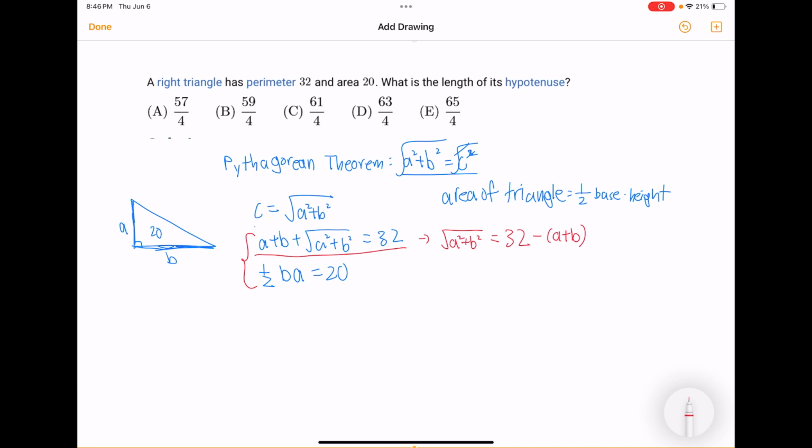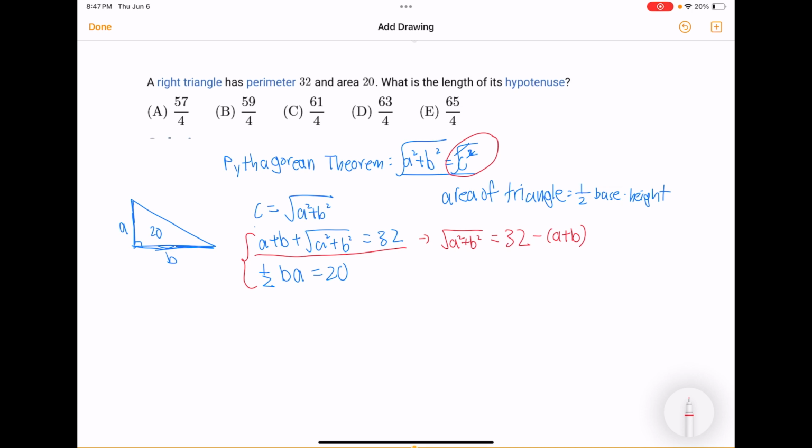I just moved that over. Then we see that we have the square root of a squared plus b squared. What we want to do is get rid of the square root. But how do we do that? Well, as I said earlier in the Pythagorean theorem, the square root and the square cancel out on each other.